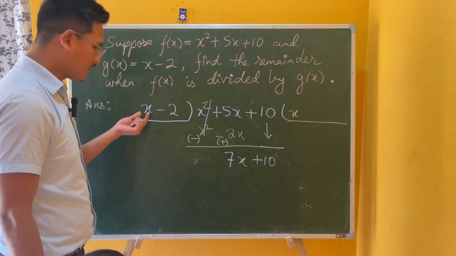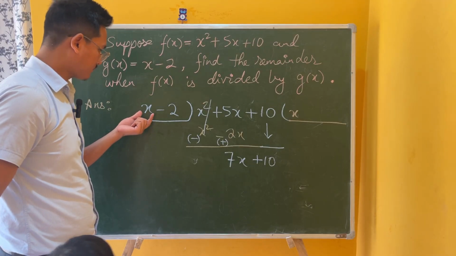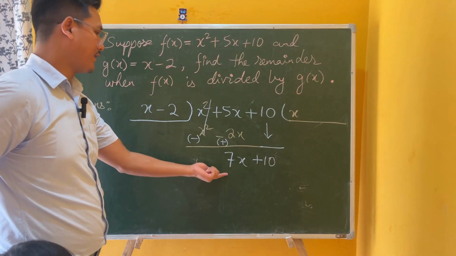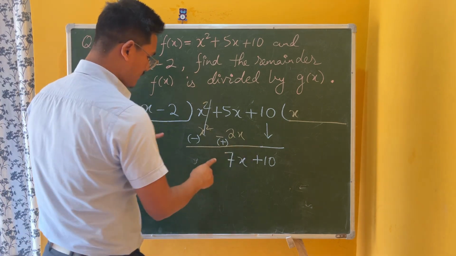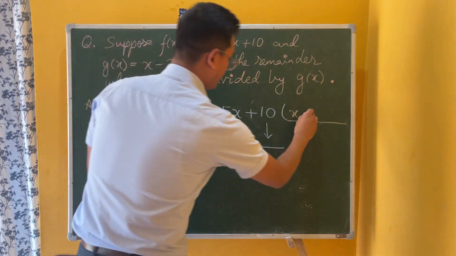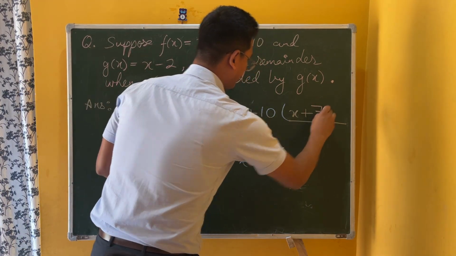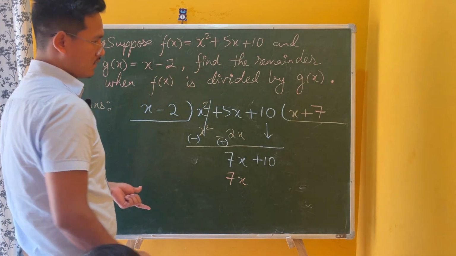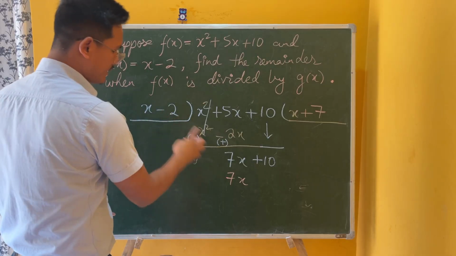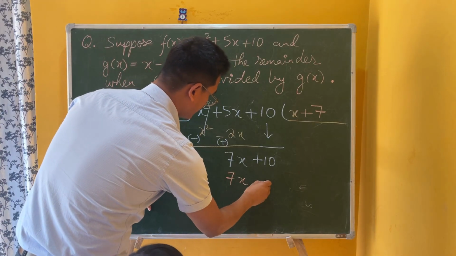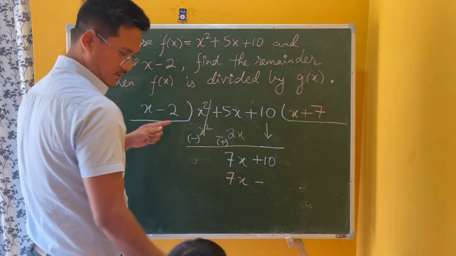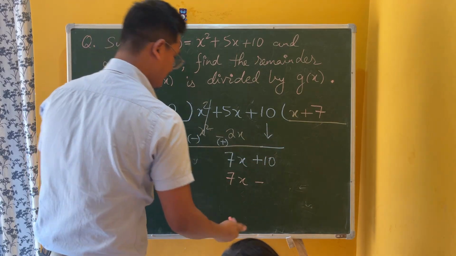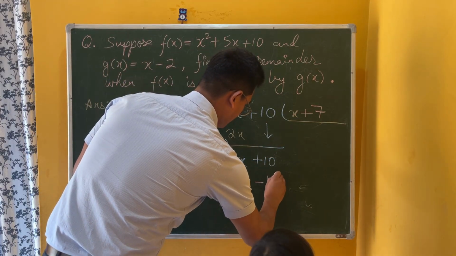Now, again come back here. x into how much is 7x? x into, along with the sign, x into plus 7 is 7x. Well, plus into minus is minus. 7 times 2 is 14.